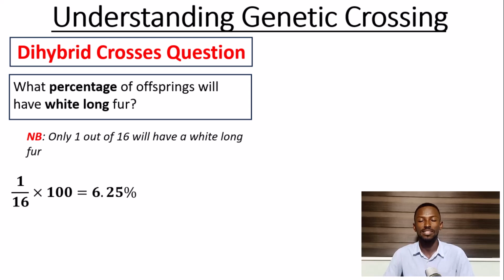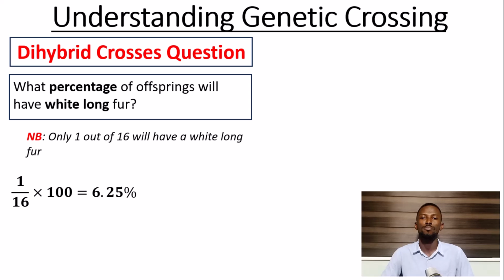So that means 1 divided by 16, times 100, gives us 6.25%. So there is a 6% chance of this crossing to have white long fur, which is quite low.